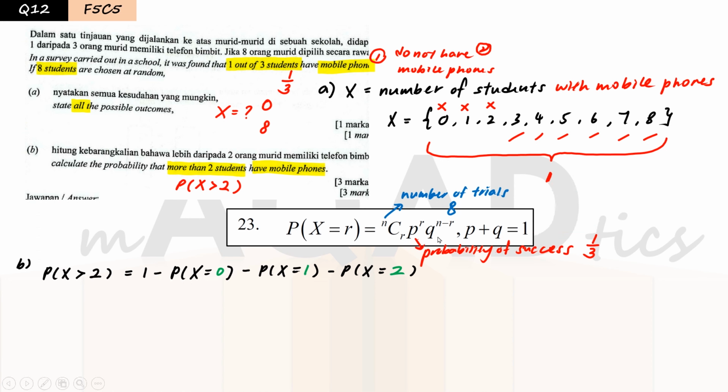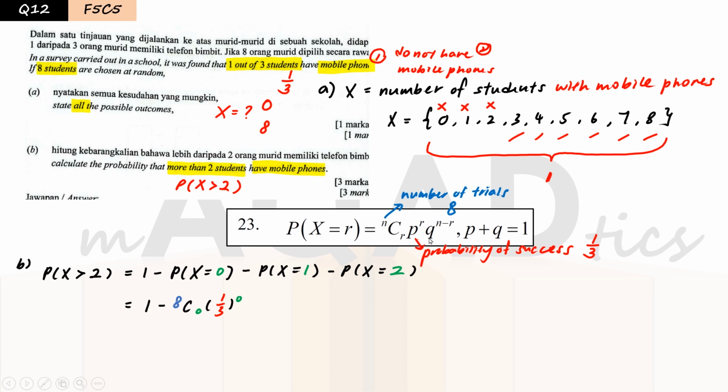Okay, so now we have the value of n and the value of p, then we can use this formula to find out the probabilities where x equals 0, 1 and 2. So let's start off with the probability where x is equal to 0. We start off with the value of n here, so it's 8, and C r, where r is the value of x here, which is 0, and we multiply with the probability of success, which is 1 over 3, to the power of r, r is 0, and then q.